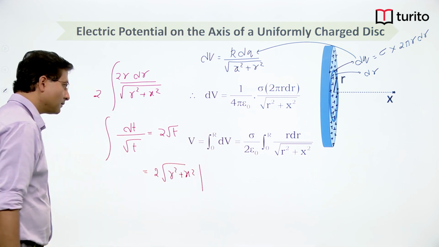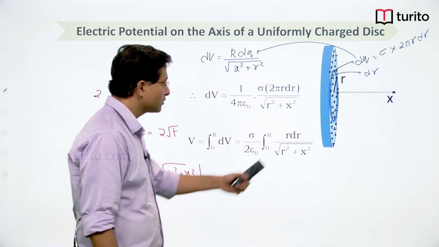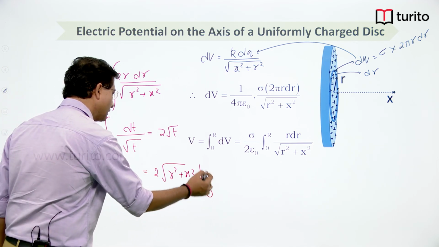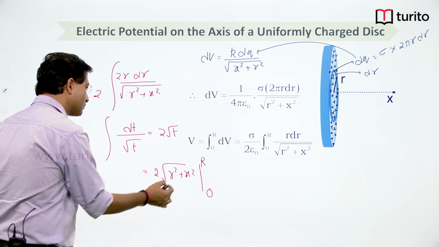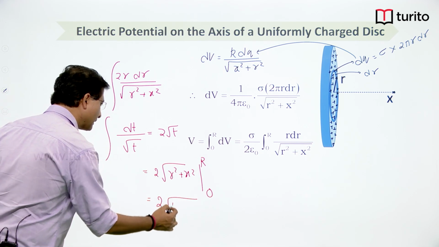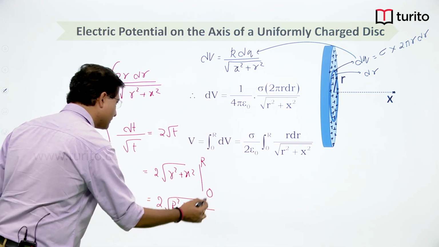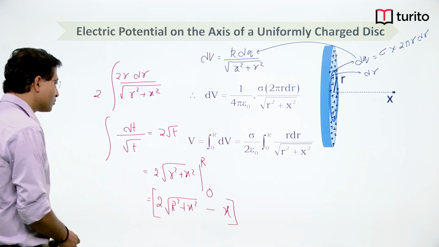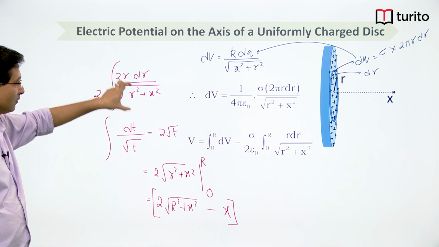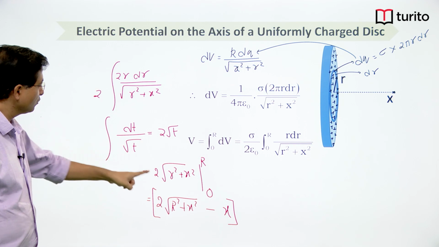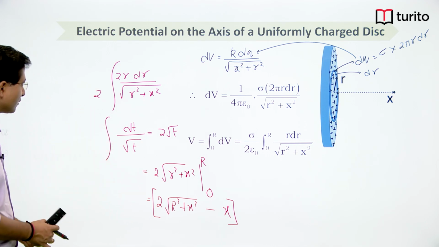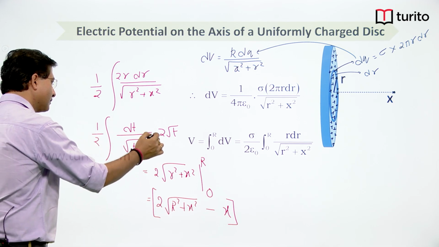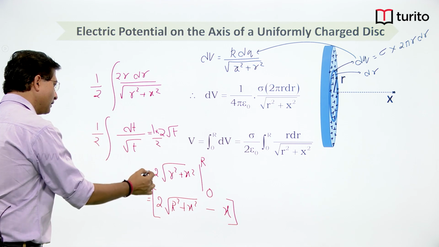The limit will be of small r, which is 0 to capital R. So, upper limit minus lower limit, if you do, you will get 2 under root capital R square plus x square minus, if you substitute the lower limit, you will get x. So, basically the integration of this one will be this one, this 2 and that 2 will get cancelled out, 1 upon 2 was outside, into 1 by 2, into 1 by 2.